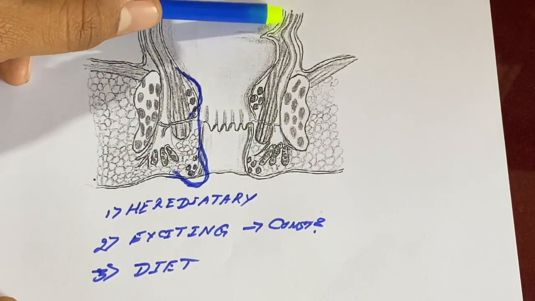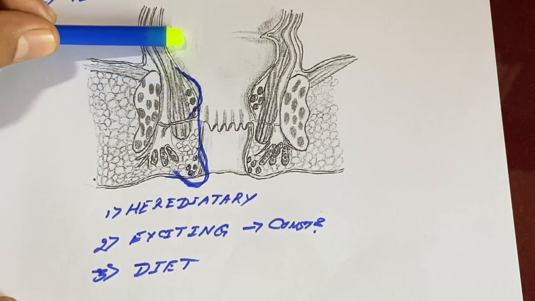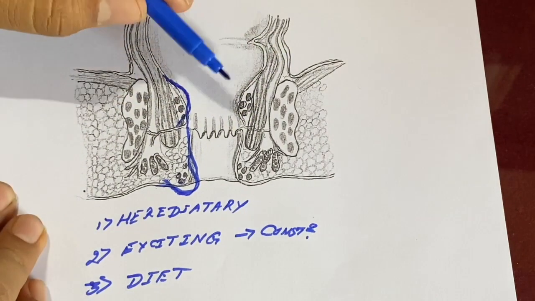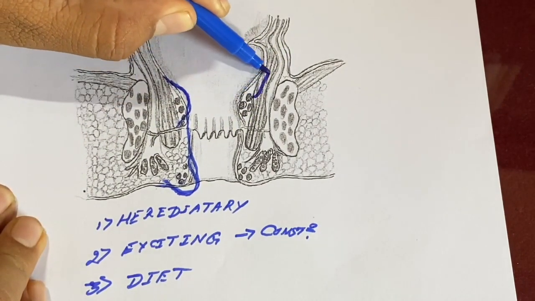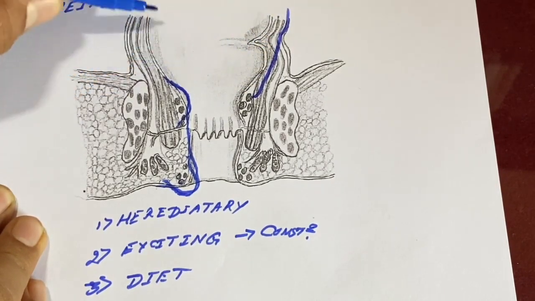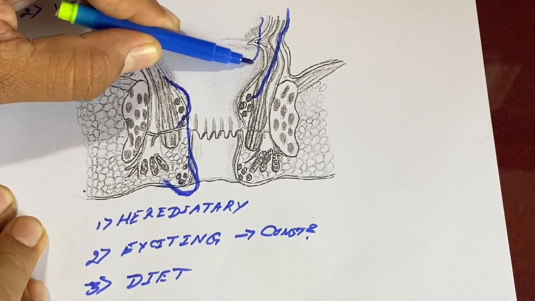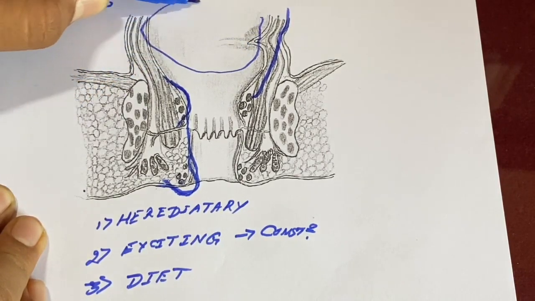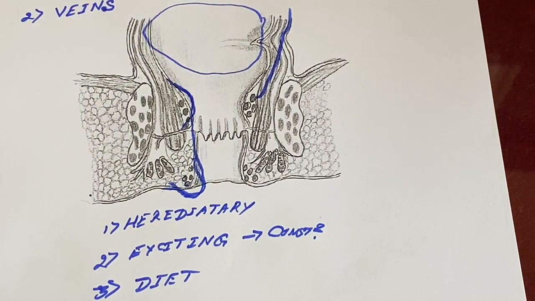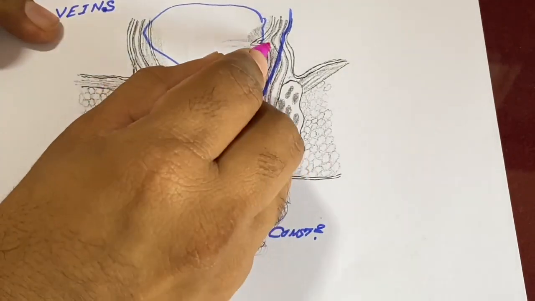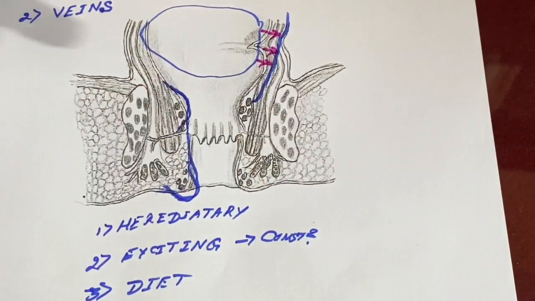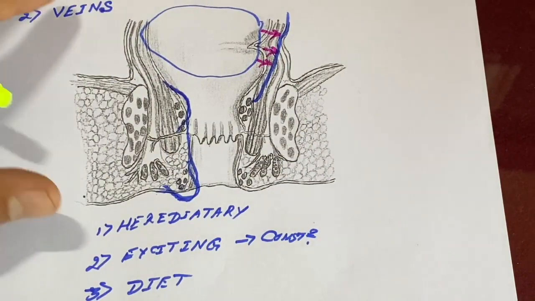Even if the stool persists for a longer time, it will put pressure on the veins and the venous return. So what happens? The veins run in the muscular layer. Whenever there is stool here, the stool puts pressure on the vein wall and then on the vein itself.